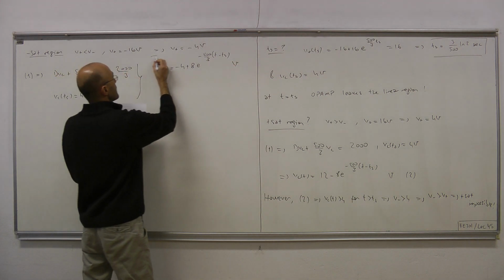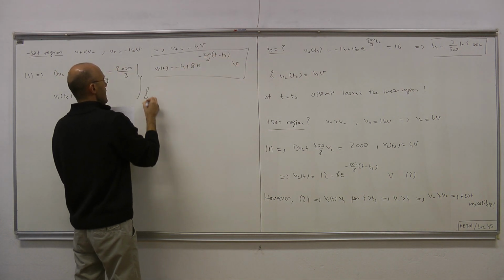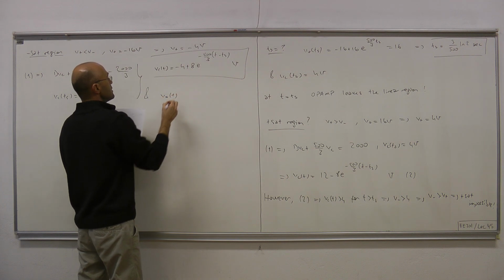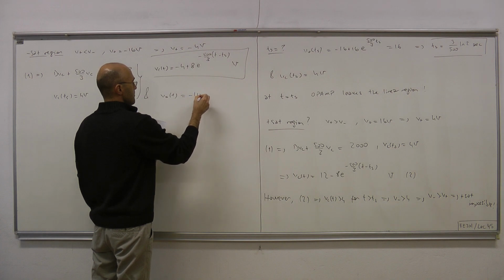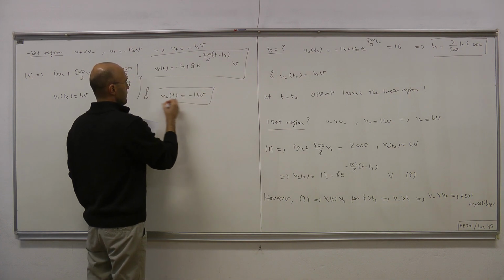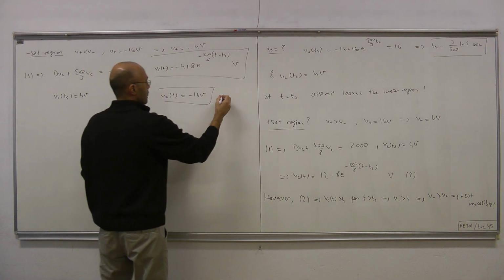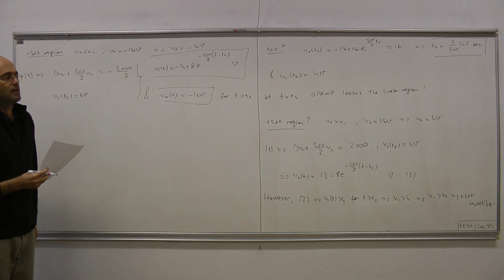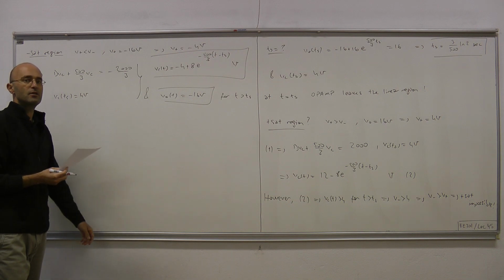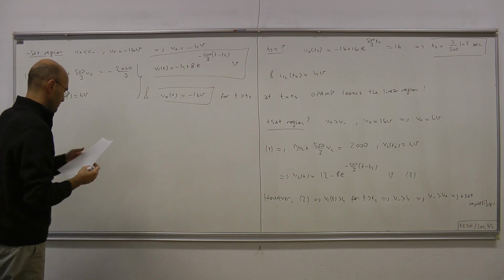Okay. That's our VC(t). And V out(t) is minus 16 volts for t greater than TS, the time when the op-amp leaves the linear region.